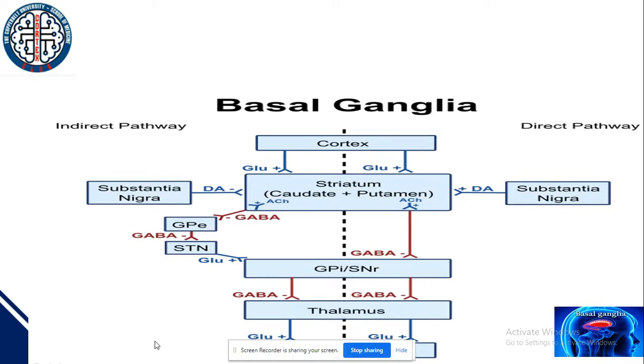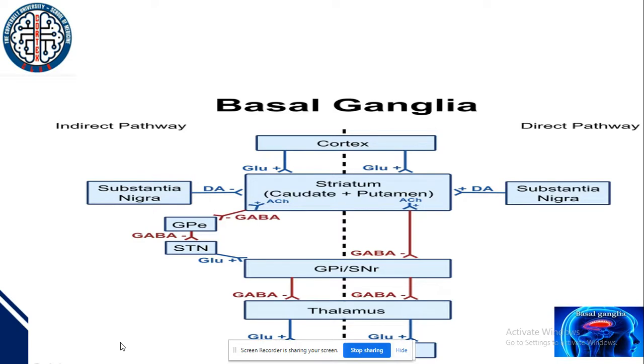Neurons from the cerebral cortex will release glutamate. The GLU we are seeing there is glutamate. As we said, glutamate is an excitatory neurotransmitter, so we have a plus there to show that it is going to cause excitation of both the caudate and the putamen, which are collectively called the striatum.